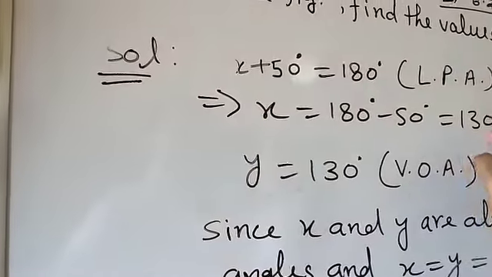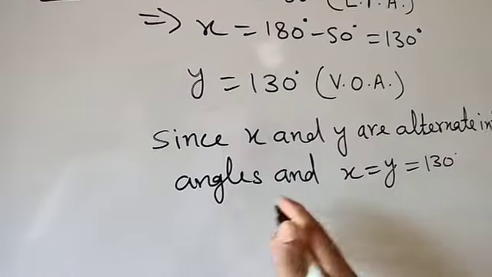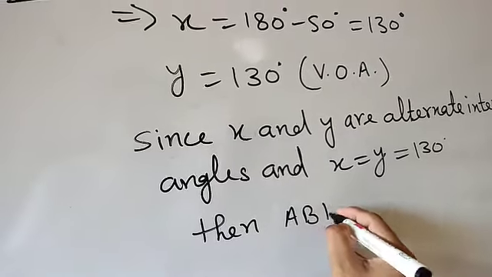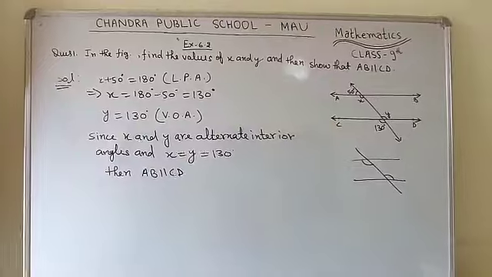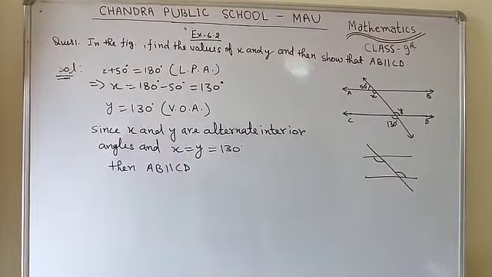Here I got x equals 130, y equals 130. So if alternate interior angles are equal, then the lines are parallel, so AB is parallel to CD. This is the solution of the first question.